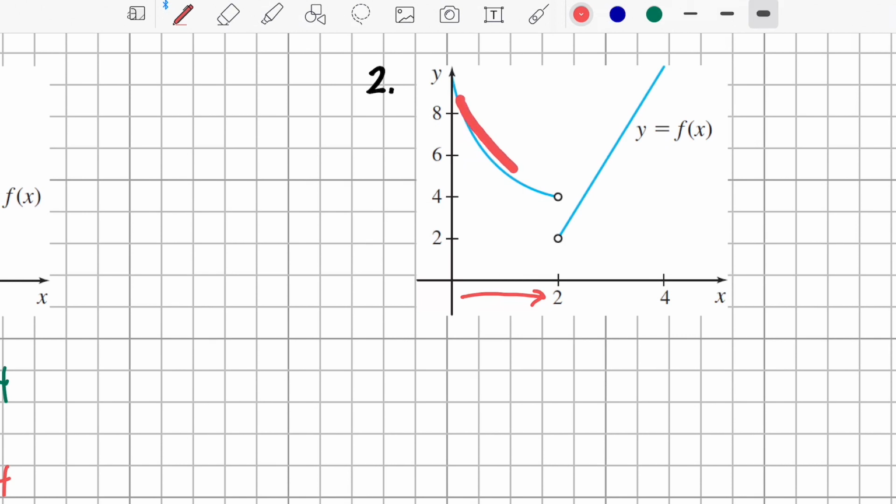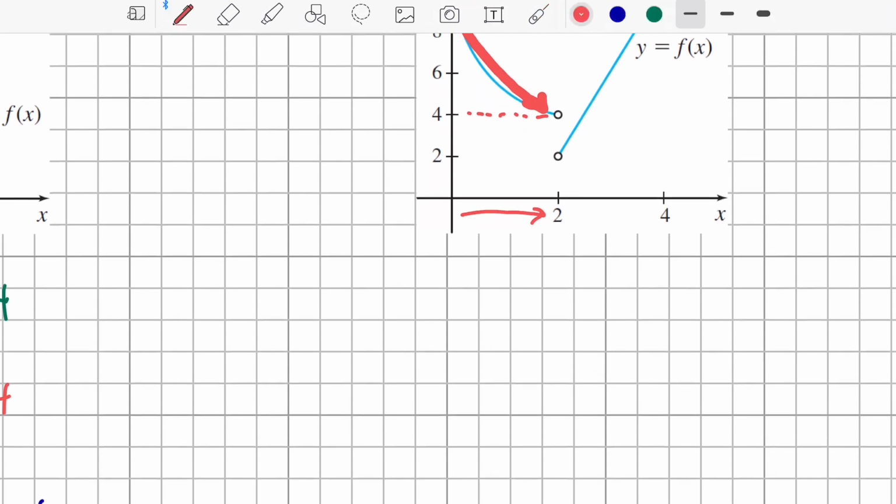It looks like it's approaching this y value, 4. We're not saying it's equal to, it's approaching it. So now we're going to write it. For A, limit as x approaches 2 from the left of f of x equals 4.